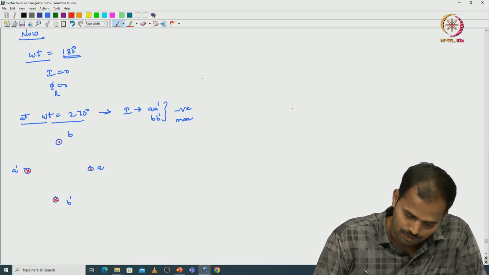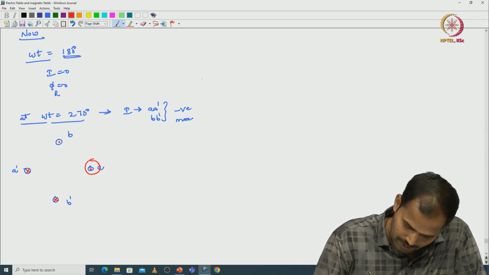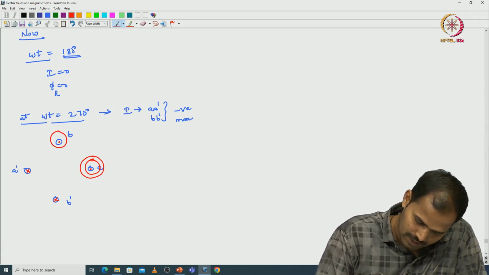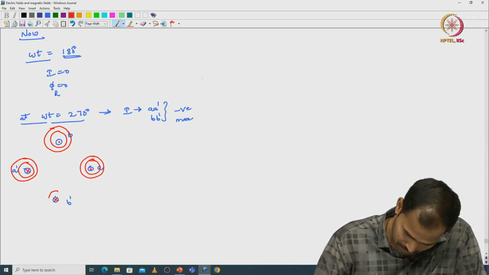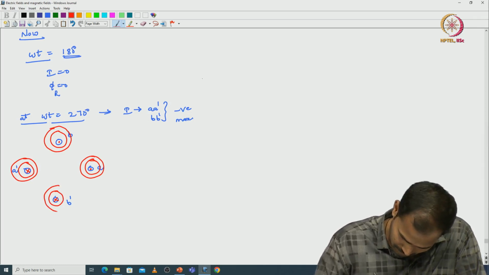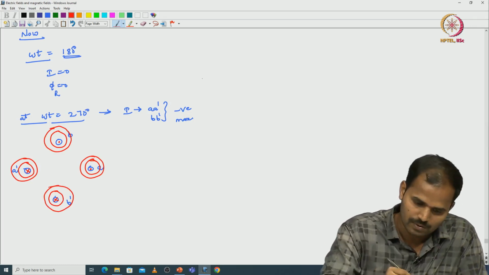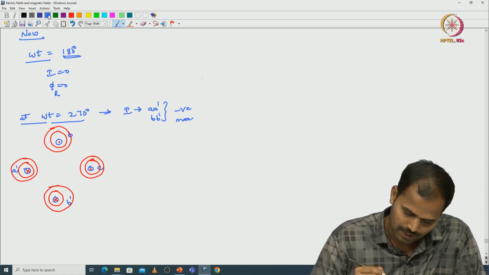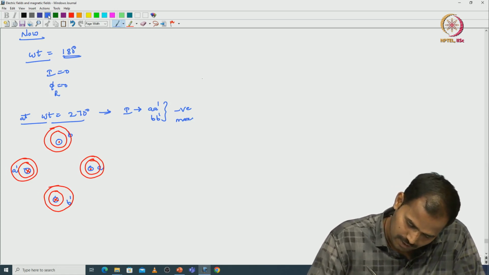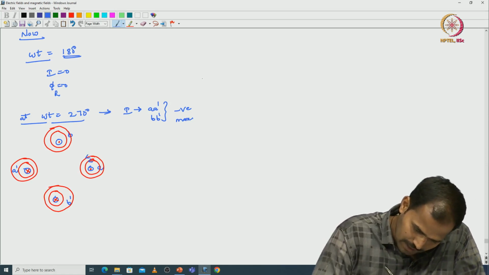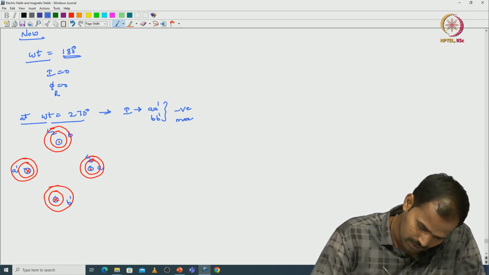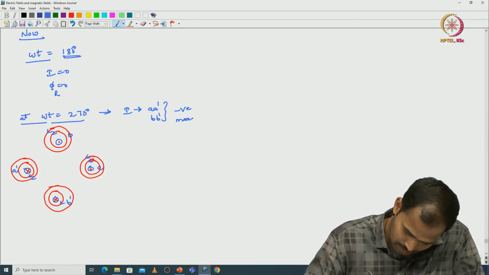Now, draw the flux loops with respect to the dot and with respect to the cross. We will see the flux loops. With respect to the dot, the flux direction is anti-clockwise, here anti-clockwise, and here clockwise for cross.